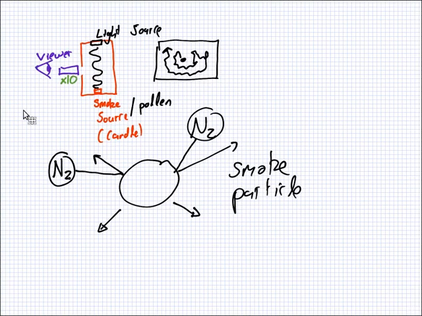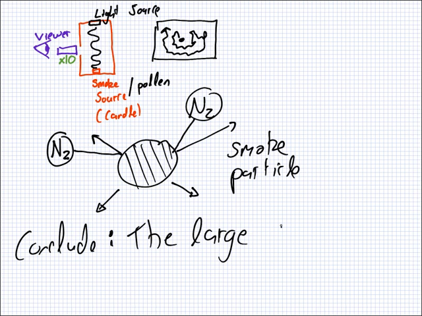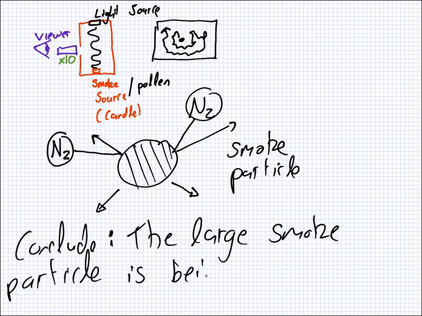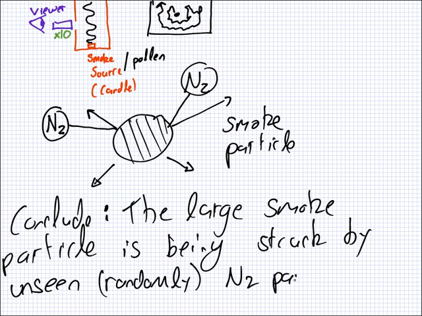So you can conclude the large smoke particle is being struck by unseen, random N2 particles.